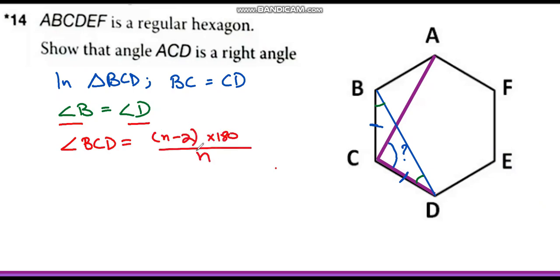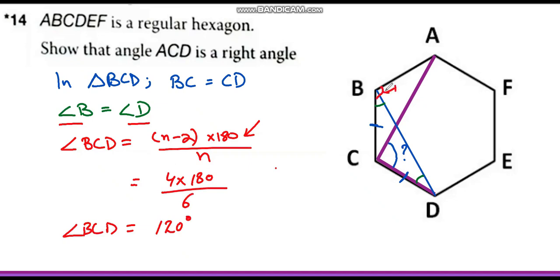Let's take n as 6, so 6 minus 2 is 4, then times 180 divided by 6, and that will be 120 degrees. So the size of each interior angle will be 120 degrees, which means this angle will also be 120, and this angle will also be 120, and so is BCD.